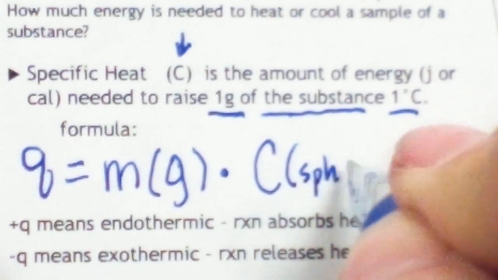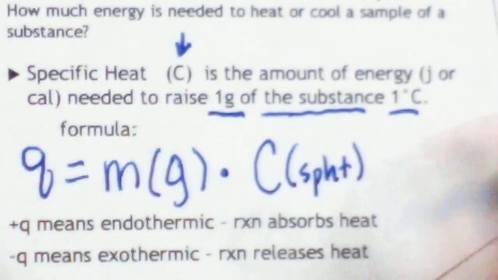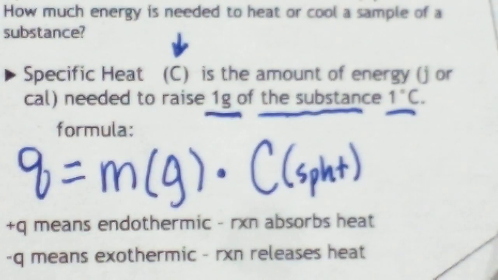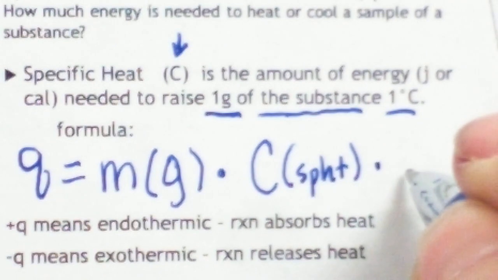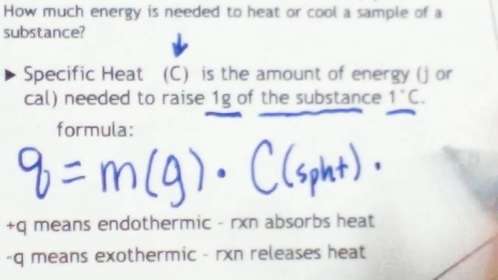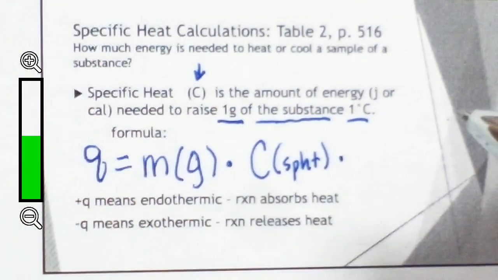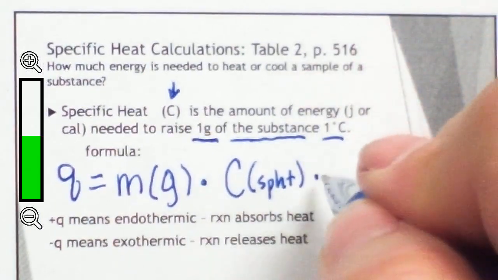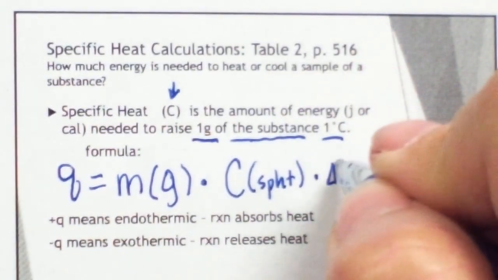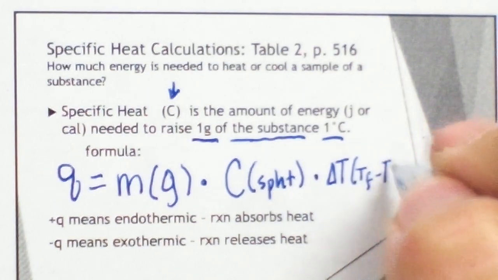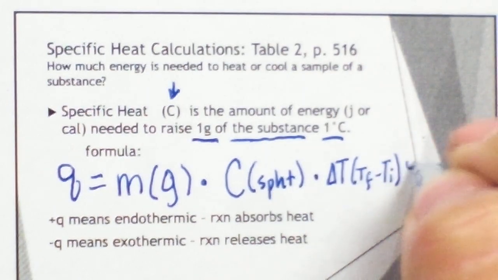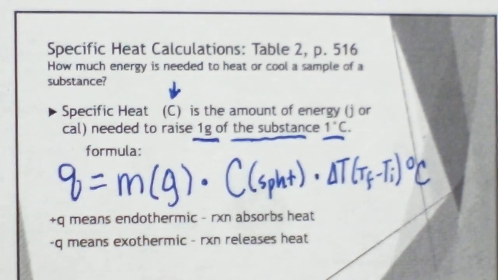And that's going to be either in joules per gram degree Celsius or calories per gram degree Celsius times delta T, which is going to be TF minus TI, and that's going to be in degrees Celsius.